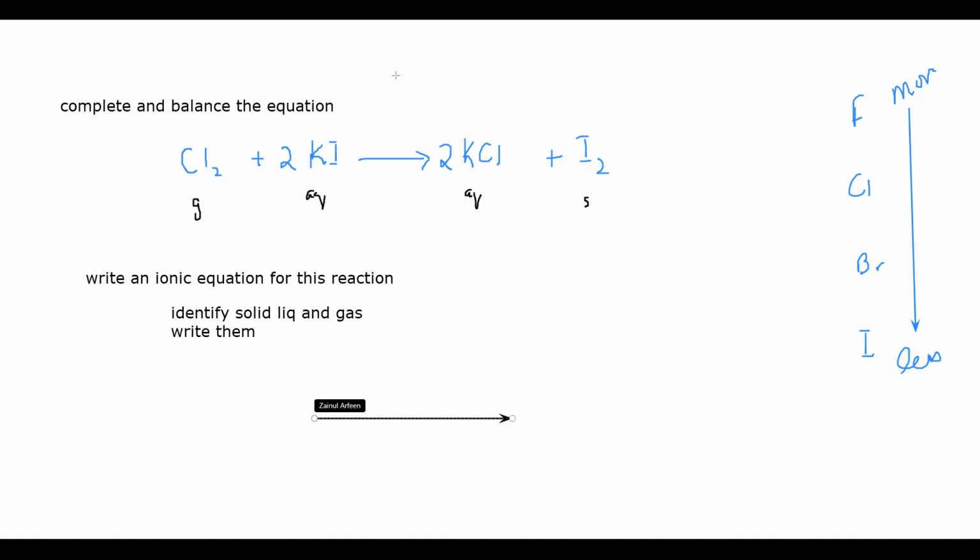So on your left hand side, you can see chlorine is a gas. There is no solid or liquid on the left hand side. And on the right hand side, you can see that iodine is a solid.